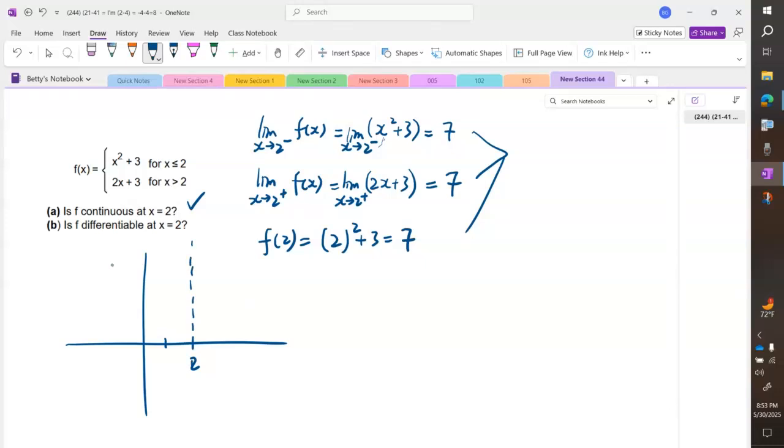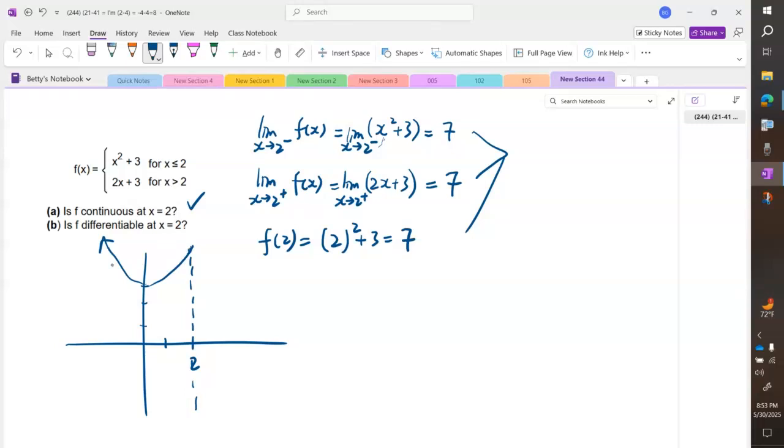When x is less than or equal to 2, the function is a parabola. X squared plus 3 is a parabola that opens upward. When x is bigger than 2, the function is a straight line with a slope of 2. The y-intercept is 3.